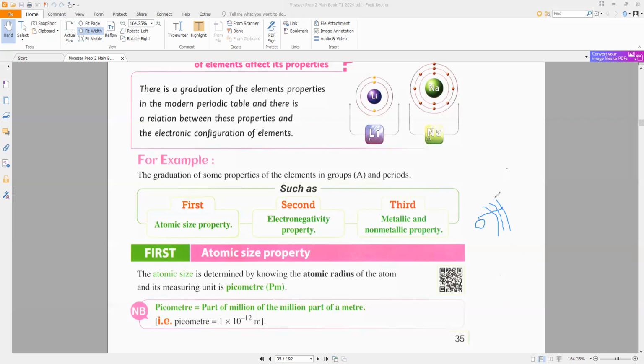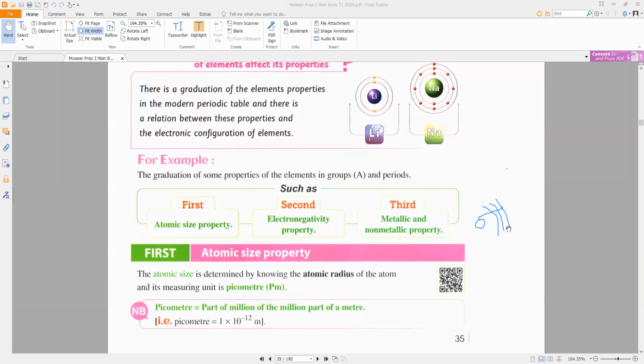The distance is measured by meter like any distance, but we use a very small unit of the meter called the picometer. So we measure the atomic size of the atom by the unit called the picometer because it's a distance, measured from the center of the nucleus to the last electron in the outermost energy level.